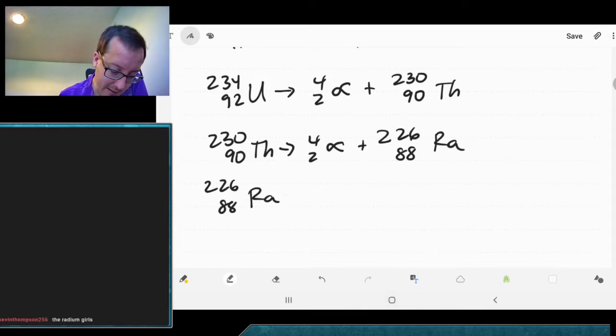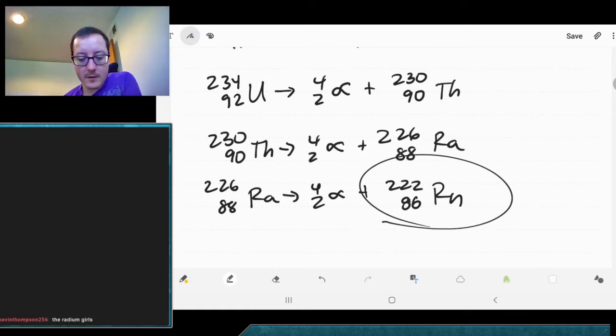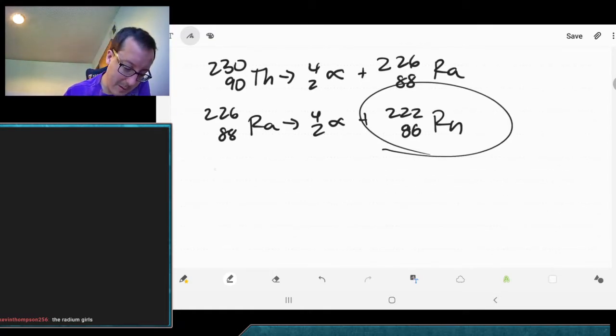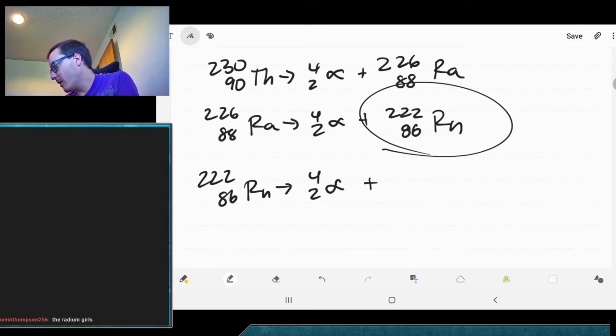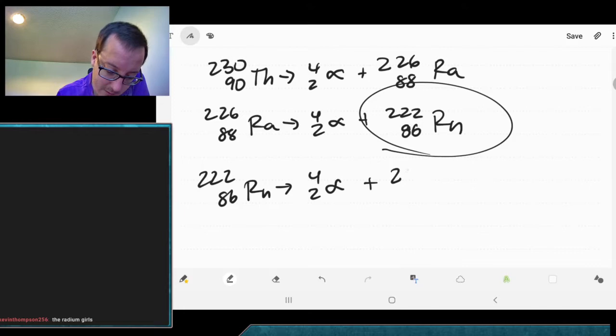this one is the one that decays into our dear friend radon. Oh no. Let's keep going though. More alpha decay. What we've got for radon is polonium-218, and polonium is 84.